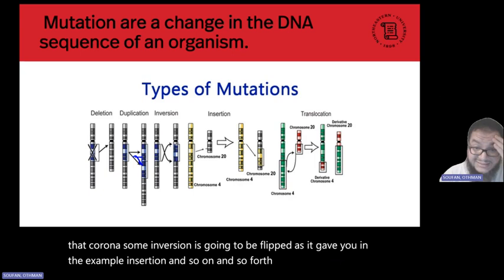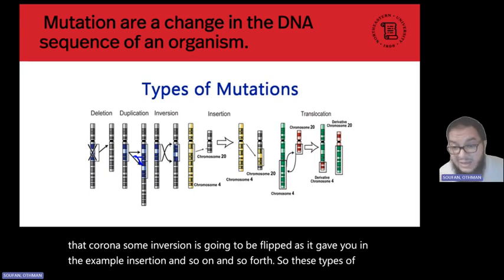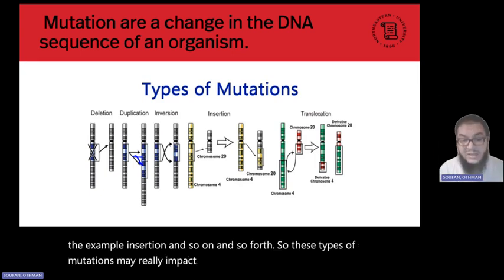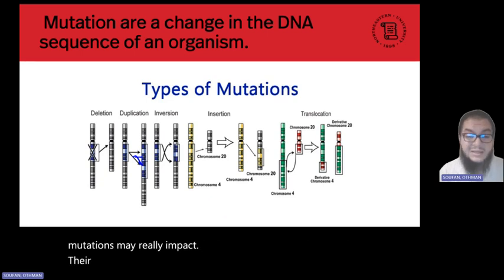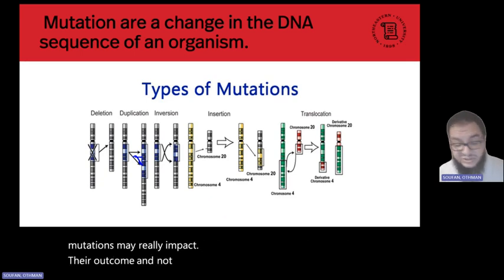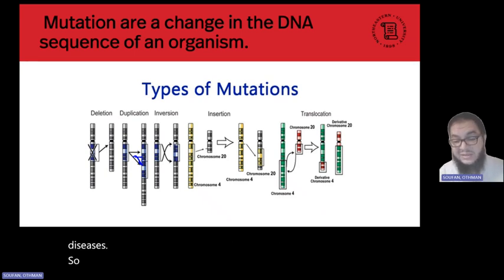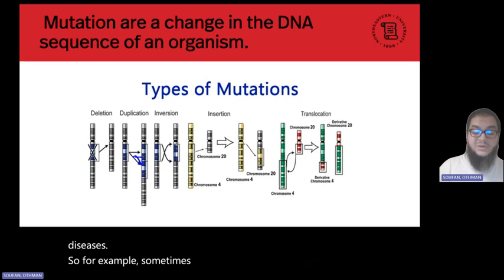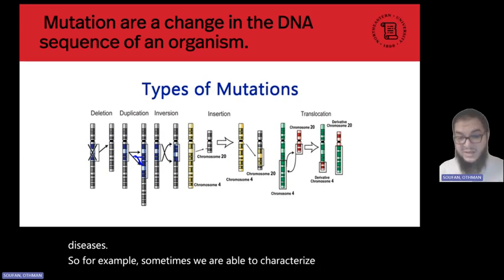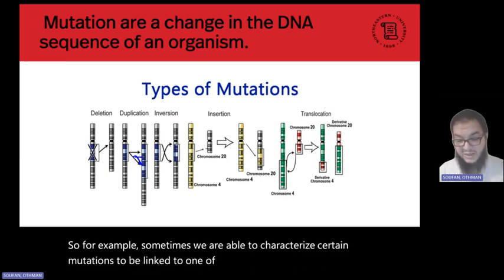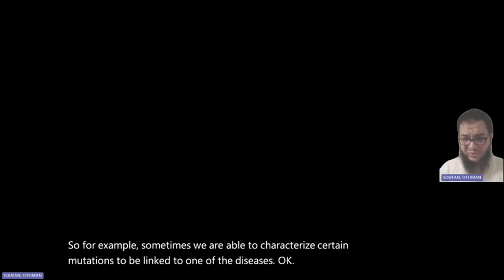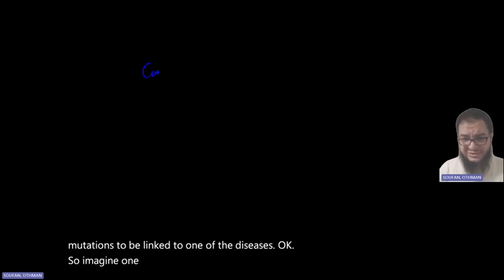So these types of mutations may really impact the outcome, and not all mutations are necessarily linked to diseases. For example, sometimes we are able to characterize certain mutations to be linked to one of the diseases, okay? So imagine one breast cancer patient.